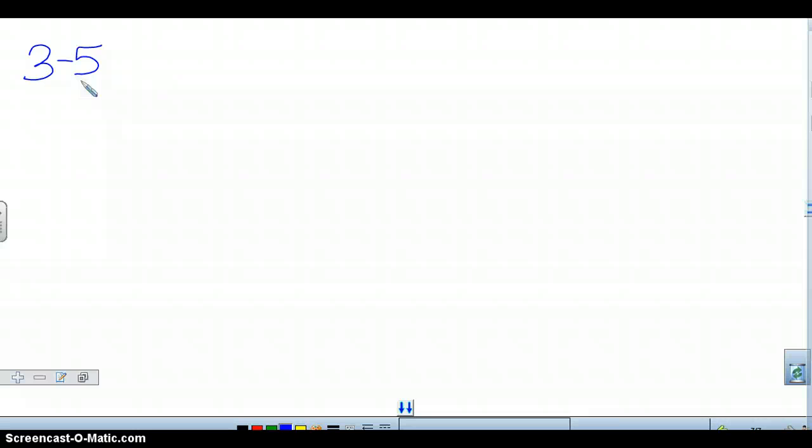And in 3-5, you're going to be multiplying 2-digit by 2-digit, which should be review.